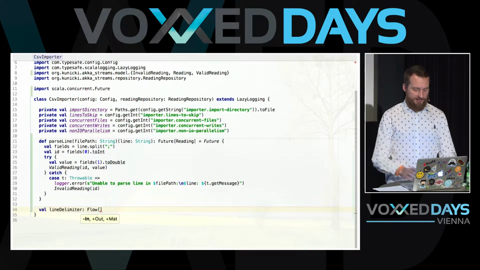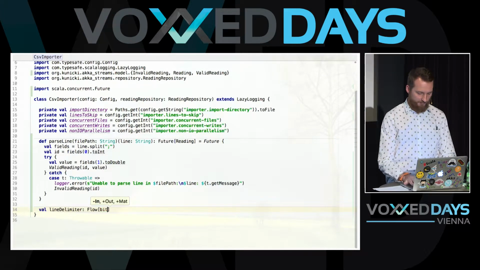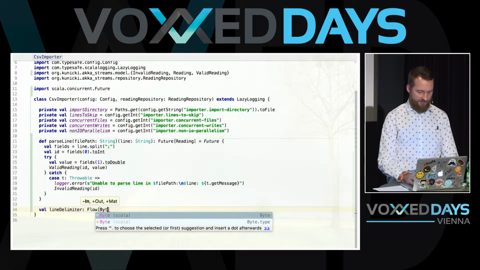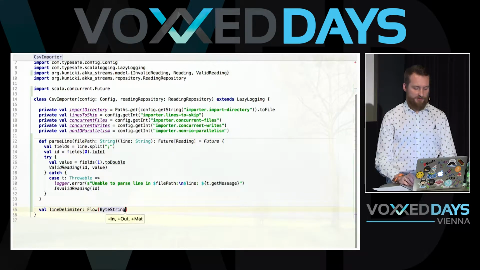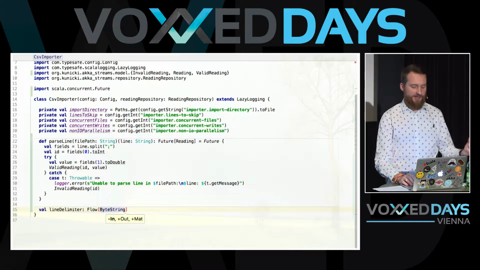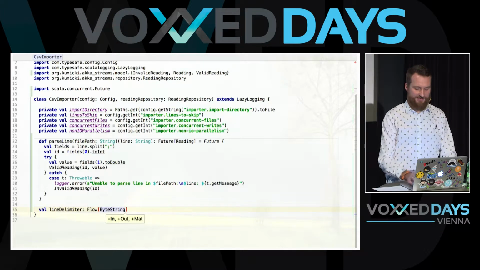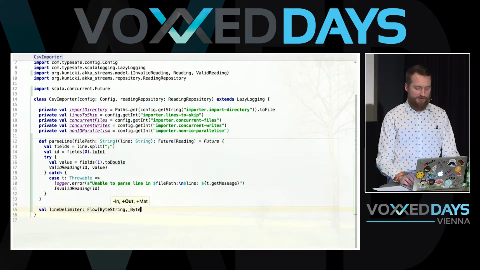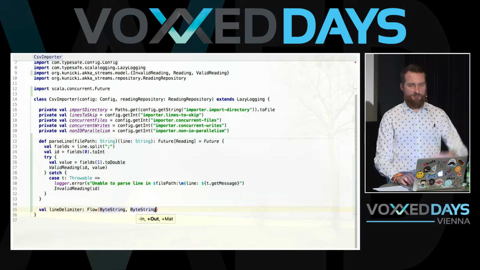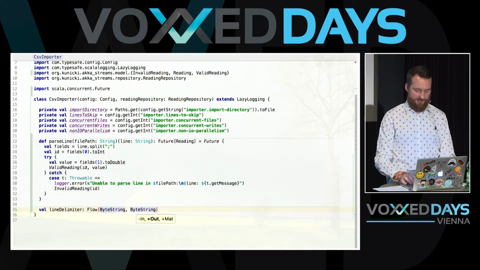So in our line delimiter, the input type would be a ByteString, which is a type from the Akka Streams DSL, and it's basically a wrapper for a string that's built of bytes. We'll also output a ByteString, which only afterwards we would convert to an actual string.